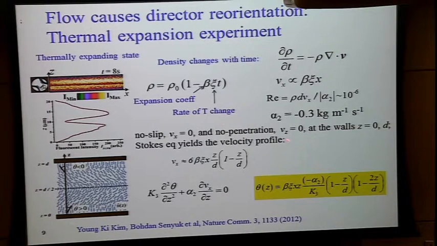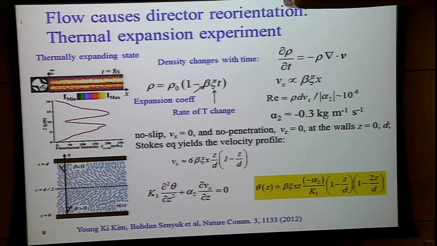And then you can take the Stokes equation to find the concrete expression for the velocity profile, and you find it here. It's like a Poiseuille flow. There is no difference from the isotropic fluid, except that now you have the director that wants to be vertical, but this flow wants to realign the director.